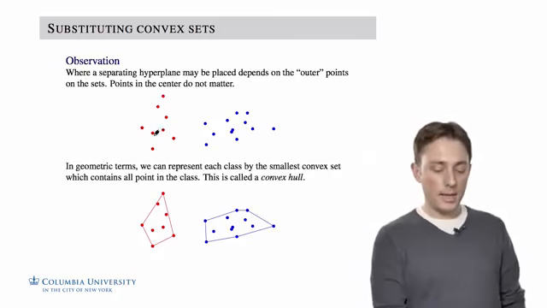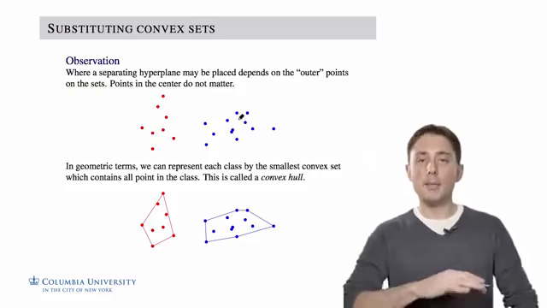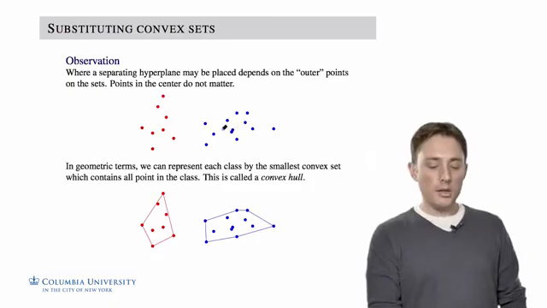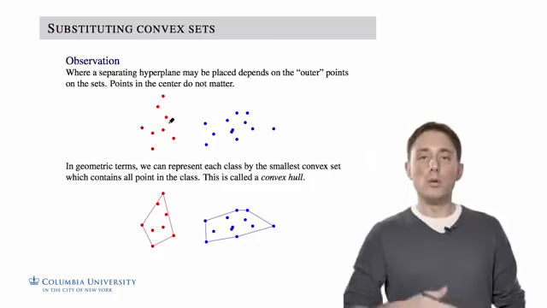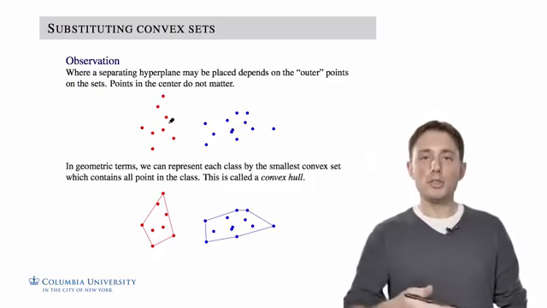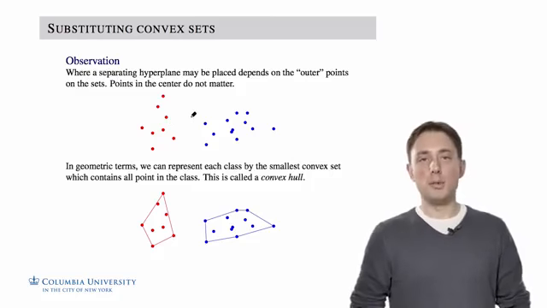What that means is that these points here that are inside the boundary of the data aren't in any way going to determine what the hyperplane should look like that maximizes the margin.